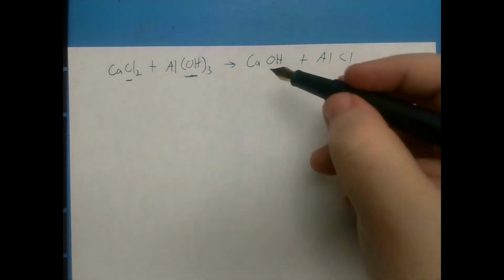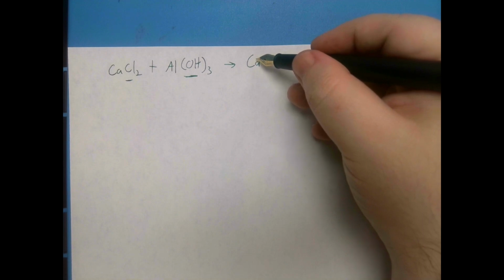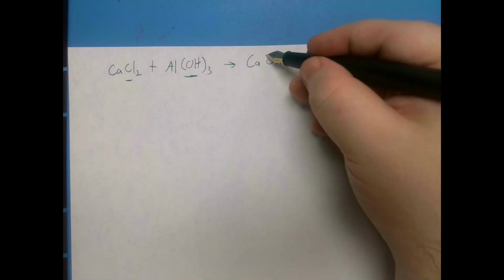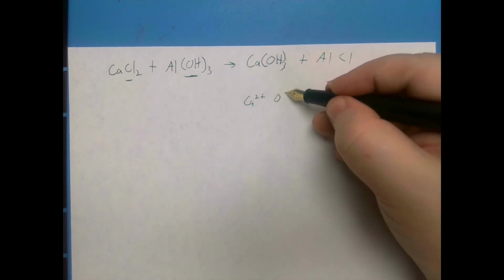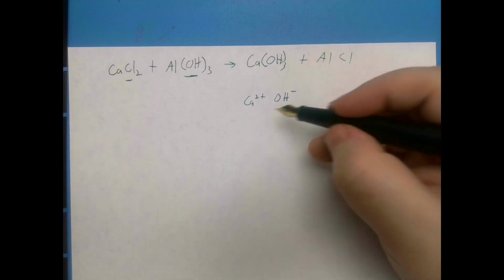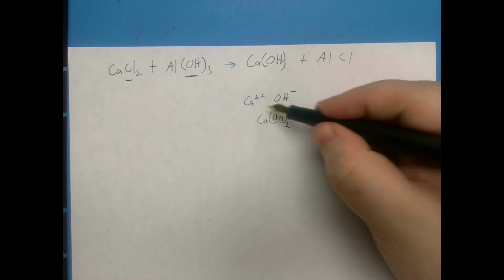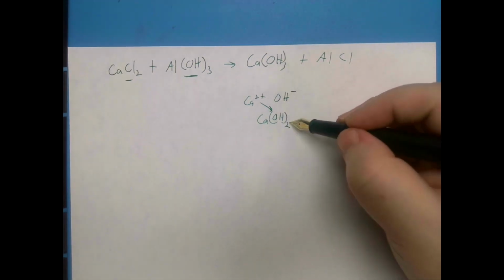Next, we need to make sure that these are proper compounds. Calcium has 2+, hydroxide is -1, so we need 2 of these. We're going to do the crisscross method to get this.